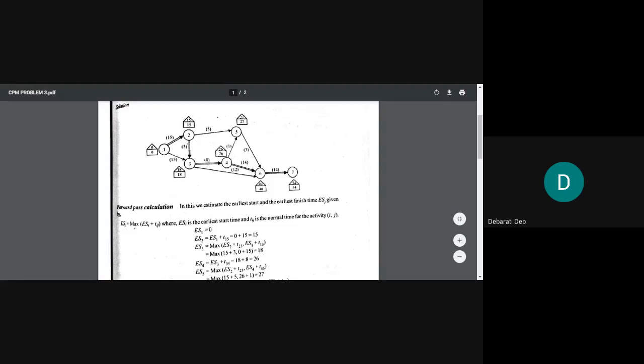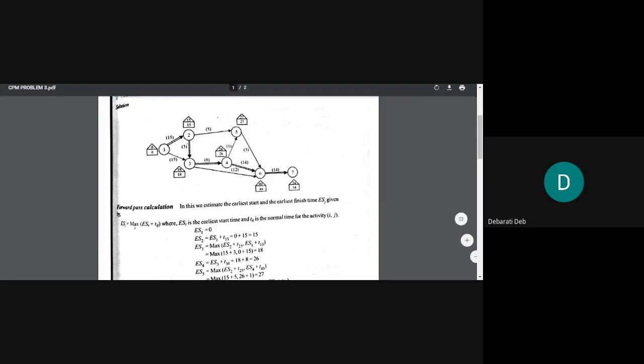No need to show the notations if you find difficulty, but your numbers should be correct. So LF5 will be LF6 minus 3. LF6 is 40 minus 3. It should be 37, no?